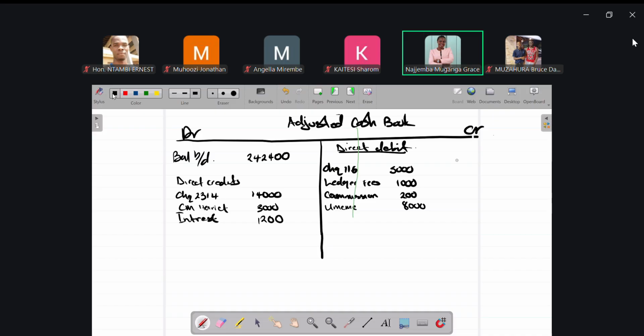First step we ticked. Second step we posted in the adjusted cash book. Let's get all the entries.